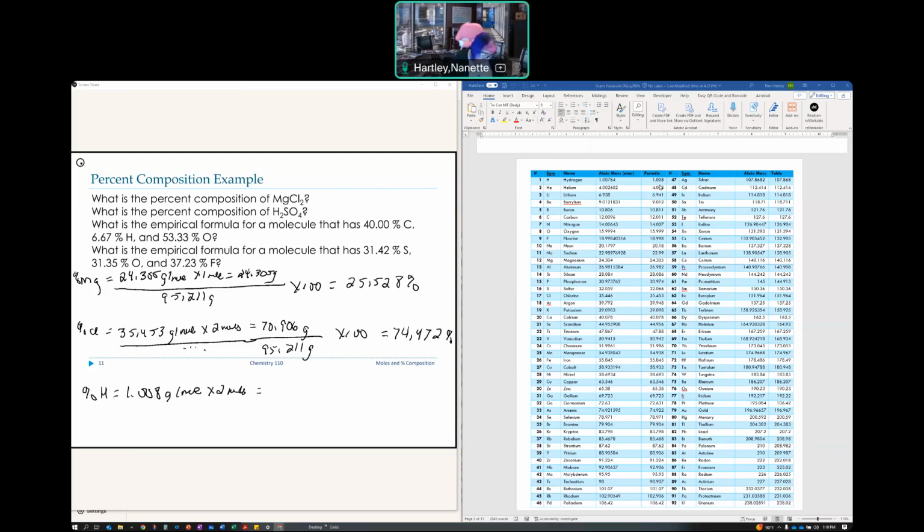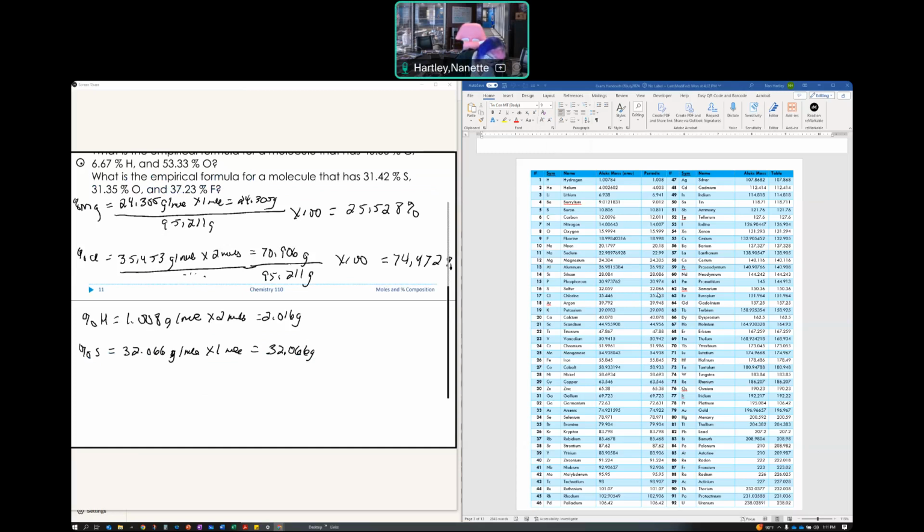That's going to give me 1.008 times 2 is 2.016 grams. My percent for sulfur, 32.066 grams per mole times 1 mole equals 32.066 grams.